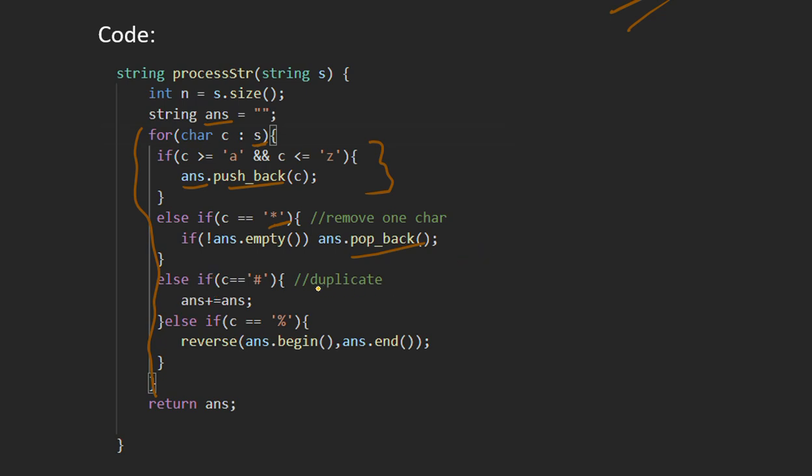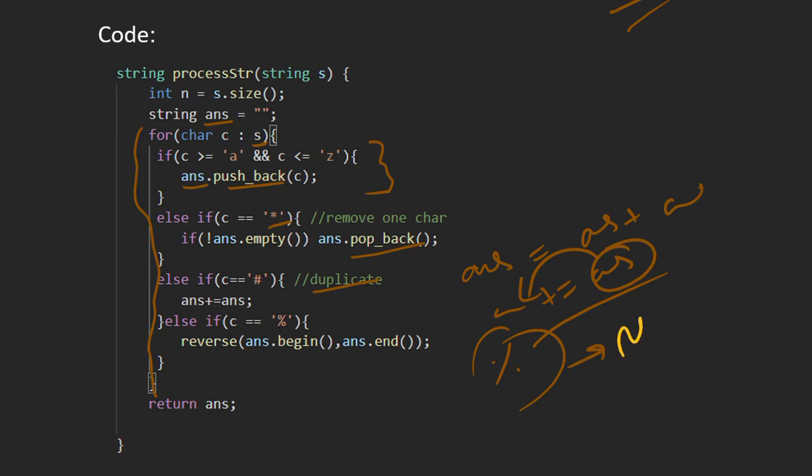If we get a hashtag, we have to duplicate, so answer is equal to answer plus answer, and in short form we can write that as answer plus equal to answer, right? That means we are appending answer to itself. Then if we get a percentage, that means we have to reverse, so we reverse our answer, and at the end we return our final string answer. So that's it.